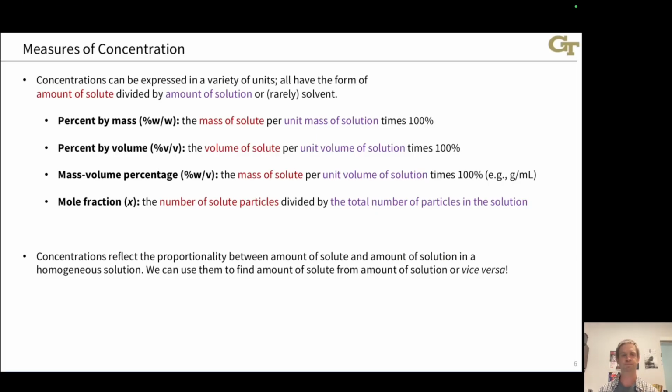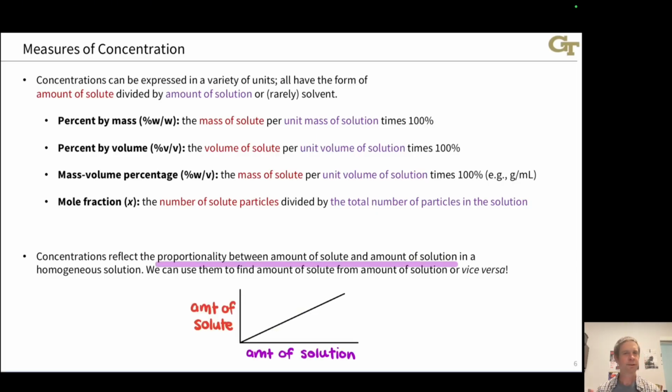Now, each of these, as I mentioned earlier, reflects a proportionality between the amount of solute and amount of solution. I want to show this with a graph to drive this point home. Obviously, if the amount of solution is 0, there's nothing there, so the amount of solute is 0.